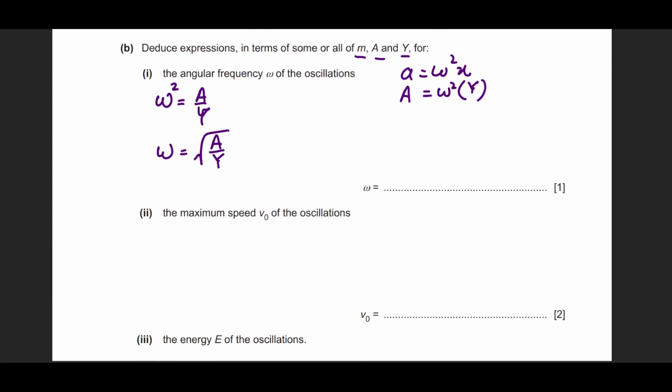So let's mention those things over here as well. So omega equals the square root of, acceleration is 2a, and the amplitude y is actually 3y. So the formula becomes the whole square root of 2a divided by 3y. This is what omega is equal to.